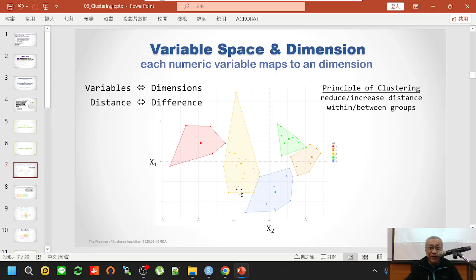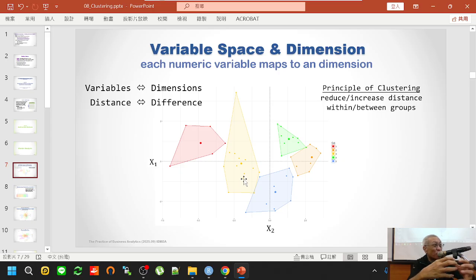So for example, if I divide this yellow group into 2 other groups, then you can see that this new group will stay closer, right?